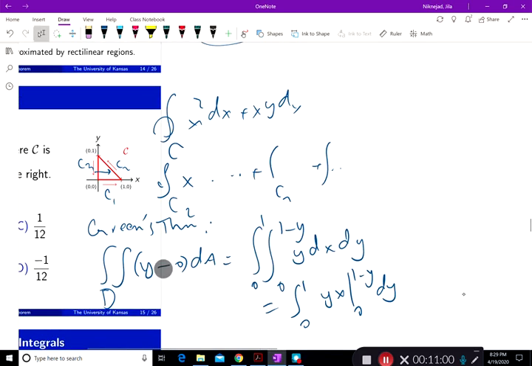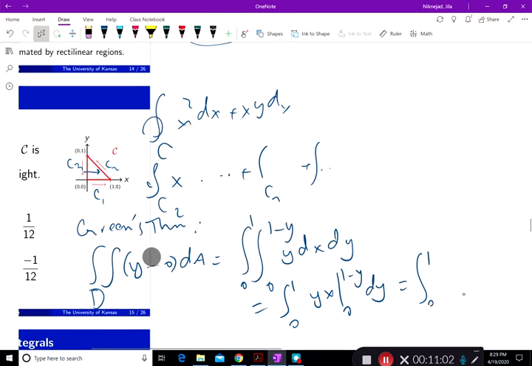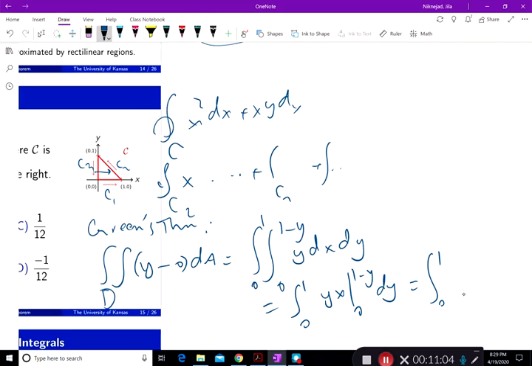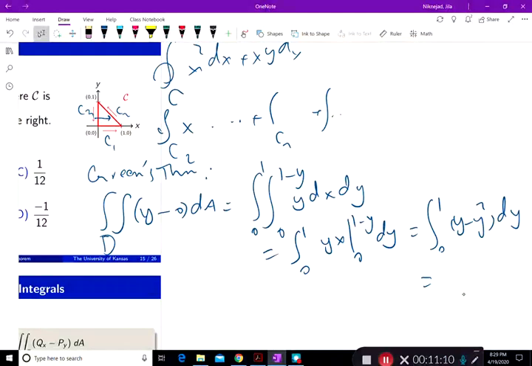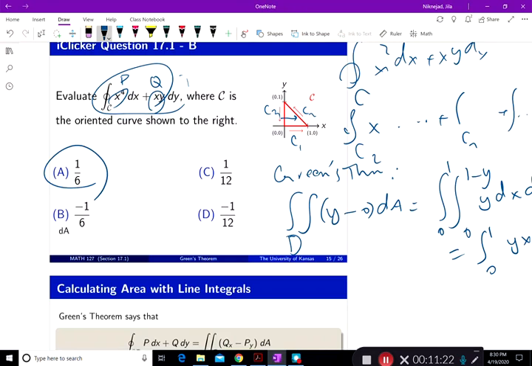Then that would be the integral from 0 to 1 of y times (1 minus y), which is y minus y squared, dy. This is y squared divided by 2 minus y cubed divided by 3, from 0 to 1. 1/2 minus 1/3 is 1/6, and that's the answer.